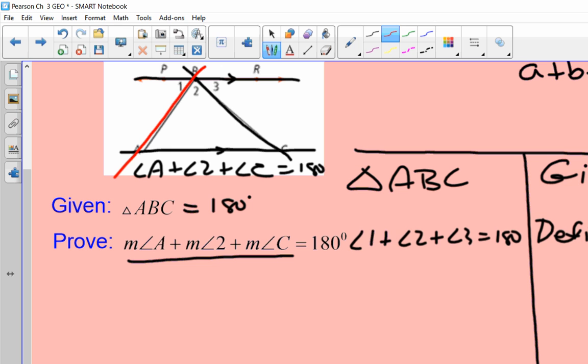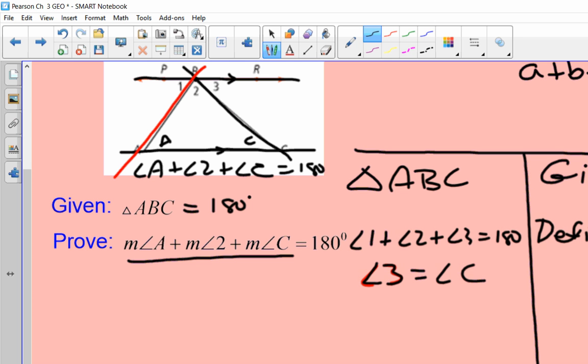So if you go back and remember those different angle groups, can I say that angle 3 is congruent to angle C? Can I say that? And it is, okay? So go ahead and do that.